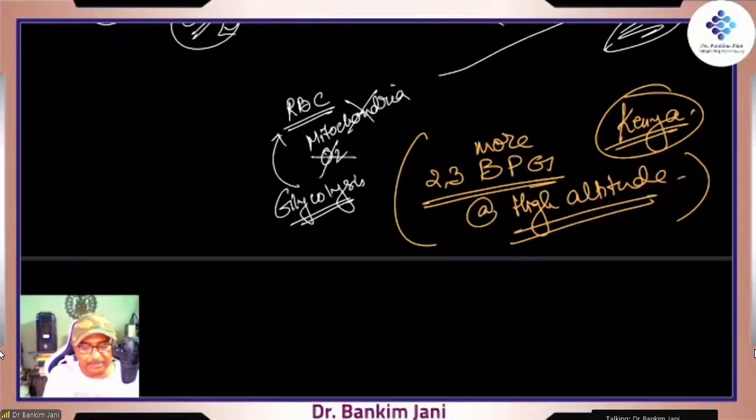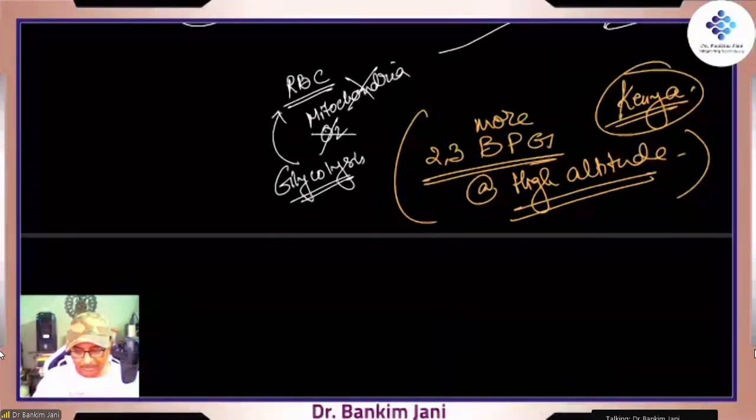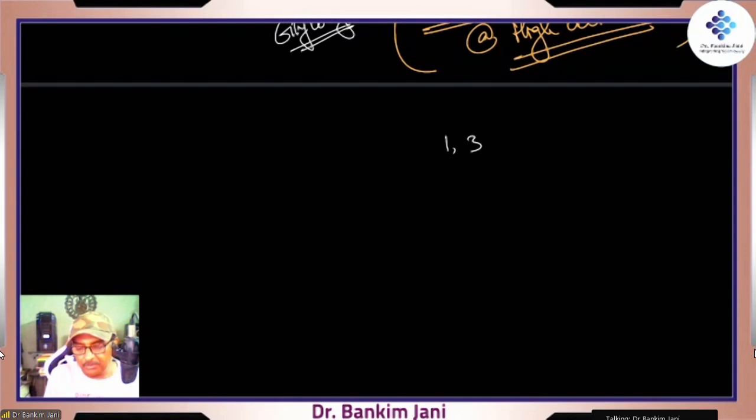This is the anaerobic system, in which the final product is pyruvate. We learned that in biochemistry. The whole thing starts with glyceraldehyde 3-phosphate, which becomes 1,3-bisphosphoglycerate. Then from 1,3-bisphosphoglycerate, a small portion becomes 2,3-bisphosphoglycerate.